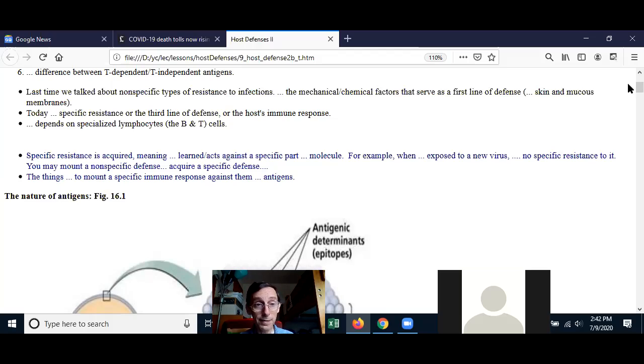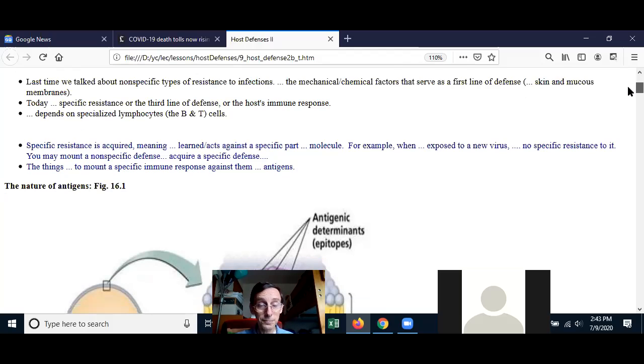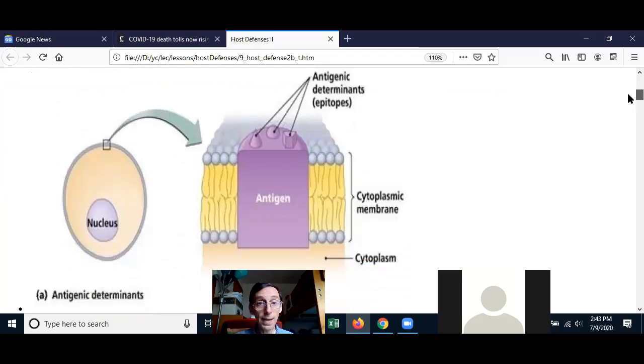What happens is the immune system can mount a specific immune response against the antigens of a pathogen. Antigens are almost always a cell surface molecule that the host responds to.